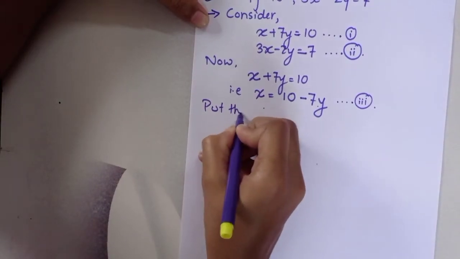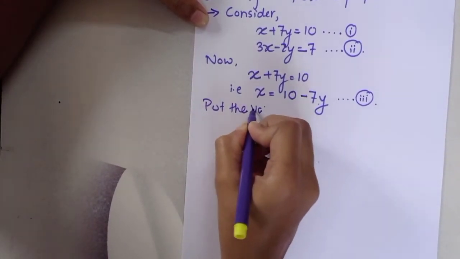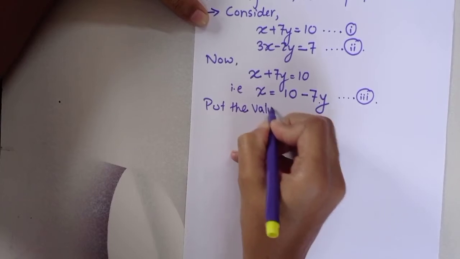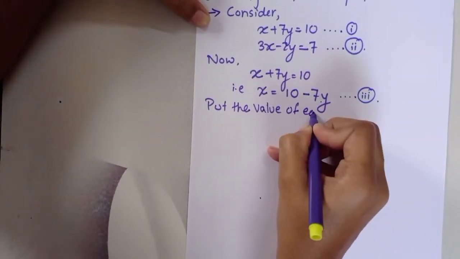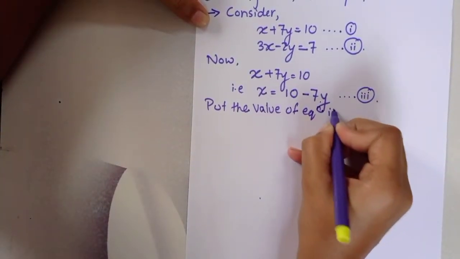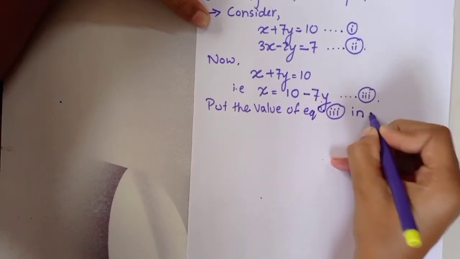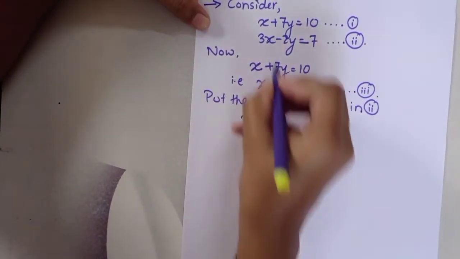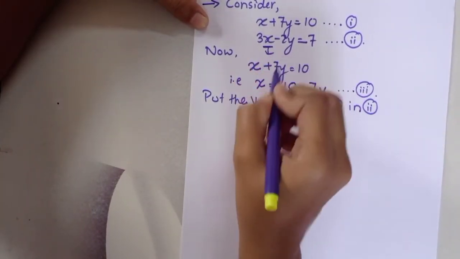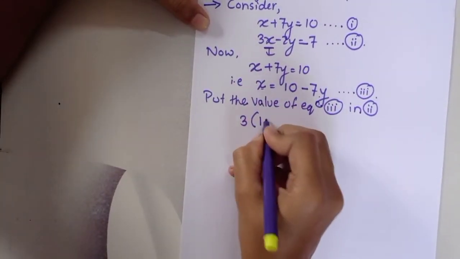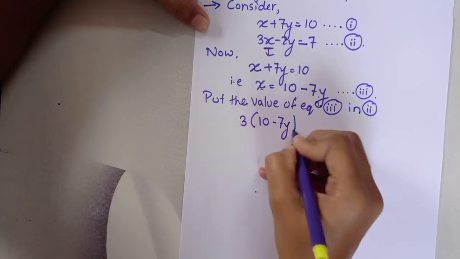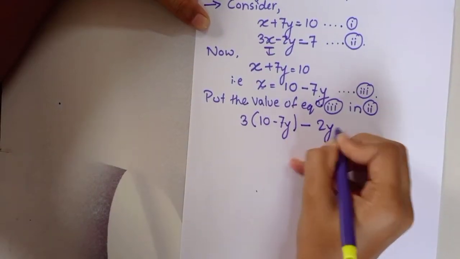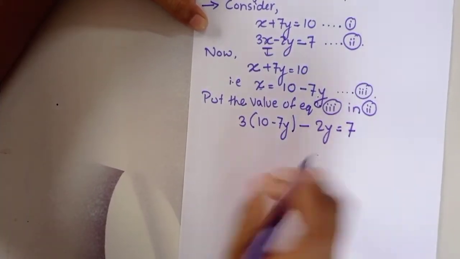Put the value of x from equation 3 in the second equation, that is 3 into x, where the value of x is 10 minus 7y, minus 2y as it is, is equal to 7.